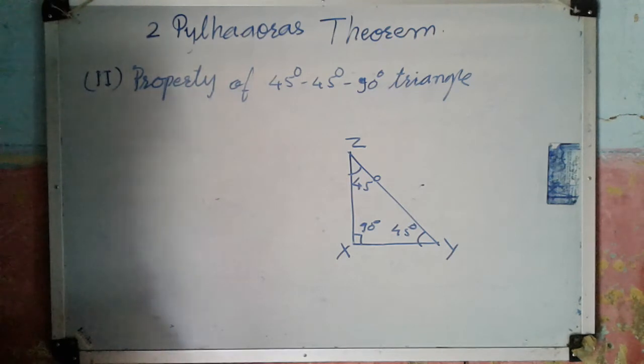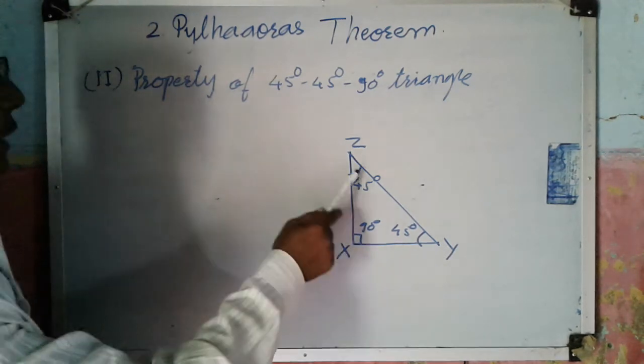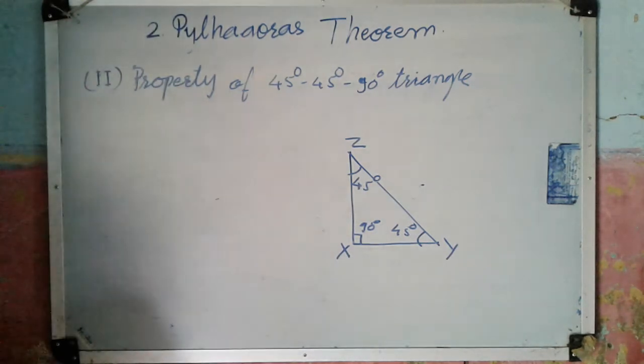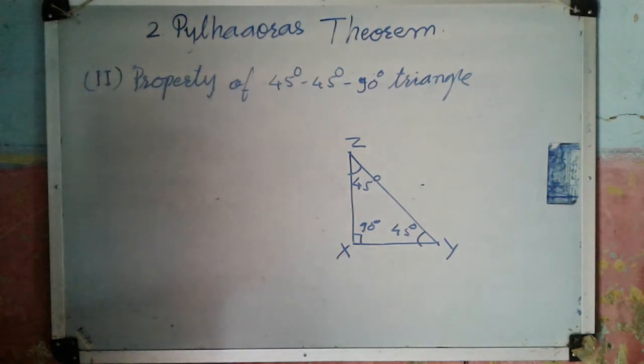That means angle X is 90 degree, angle Y is 45 degree, angle Z is 45 degree. The property is: if the acute angles of a right angled triangle are 45 degree and 45 degree, then each of the perpendicular sides is 1 upon root 2 times the hypotenuse.